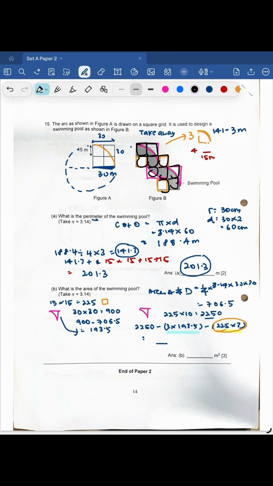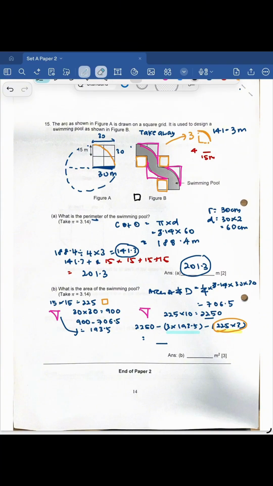I will take the area of the 10 squares. Then I take away the 3 boomerang and the 3 squares, the area of the 3 squares. Let me repeat what I mean. So I'm going to find the area of the 10 squares, then take away the 3 boomerang and the 3 smaller squares.